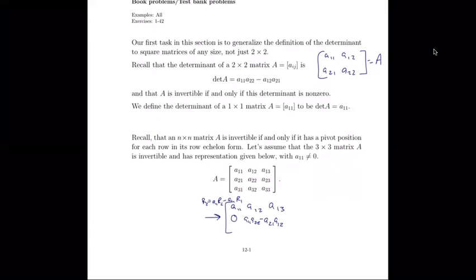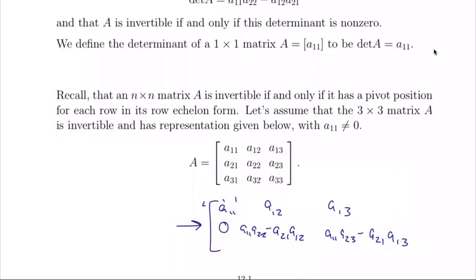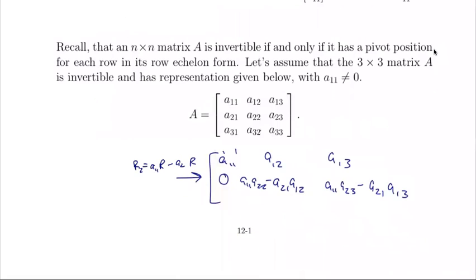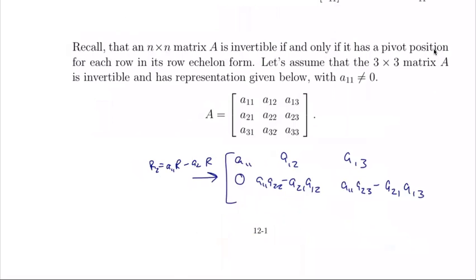This is A12, and then the next entry is A11 A23 minus A21 A13. Remember, everything we need to know about what we've done here is taken care of in these annotations right here. We could do the same thing, or a similar thing, to row 3, and we'll see that in just a moment.